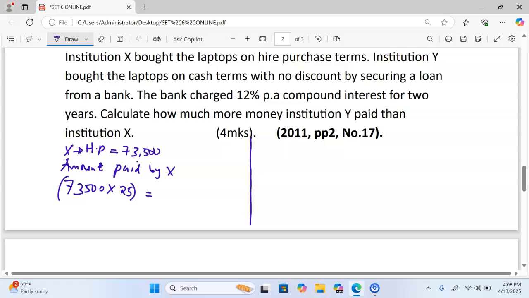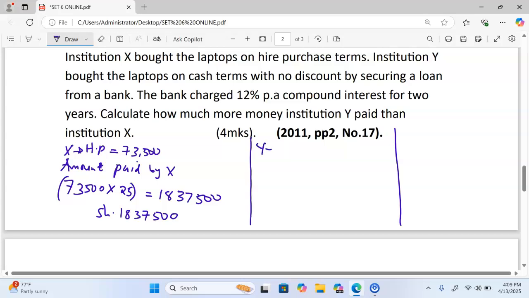1,837,500. So if we have the total amount of money paid by X as 1,837,500, we can now proceed and get the amount Y paid.